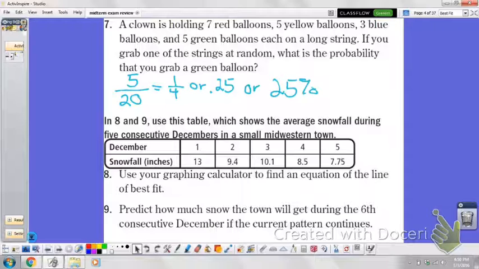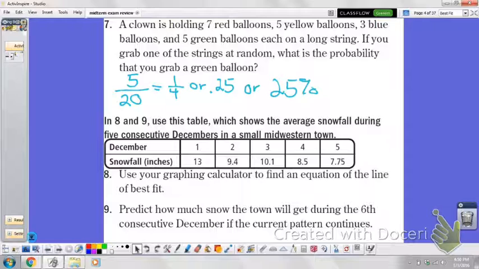So to do this, you're going to have to enter this data into your calculator. And remember, to do that, you have to go into your list, and to find that, you hit the stat button and then enter to edit the list, and you type in the Decembers for X, and then the snowfall for the Y values.